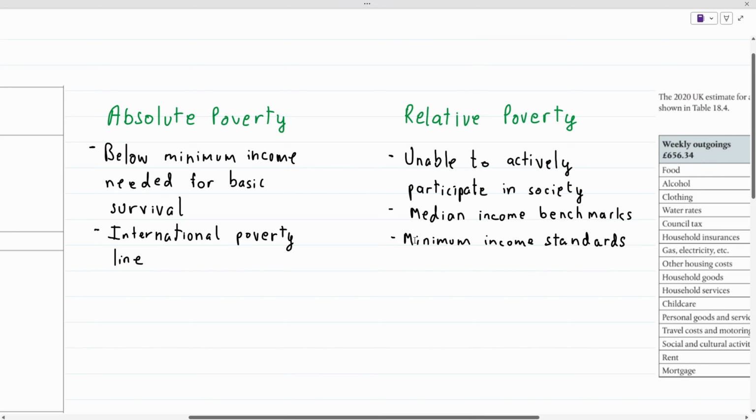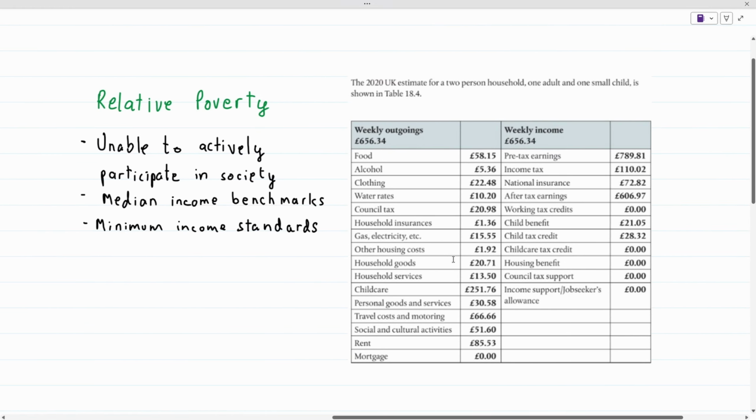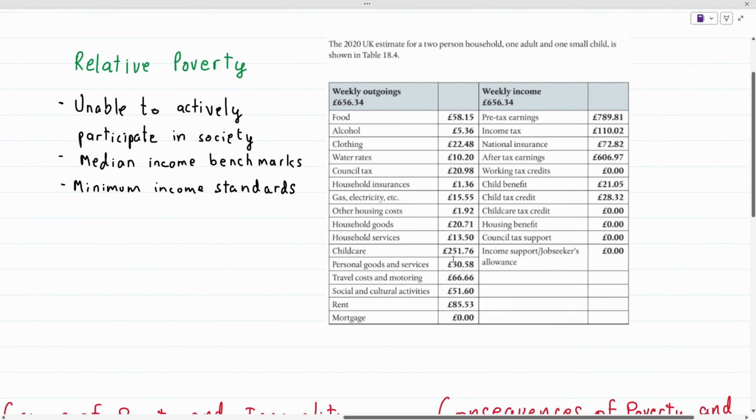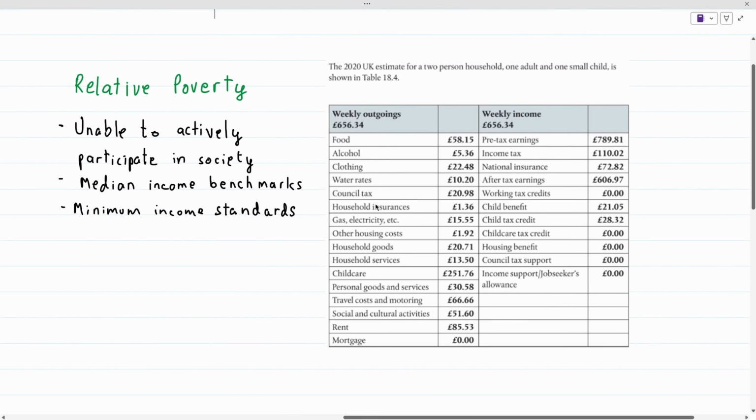Another way that we're required to know as part of the syllabus to measure relative poverty is minimum income standards. So the best way to look at it is through this example. Basically, in this method, economists divide society into various different groups, and through data and statistics, they analyze their average weekly spendings, and based on that, they come up with a minimum income standard.